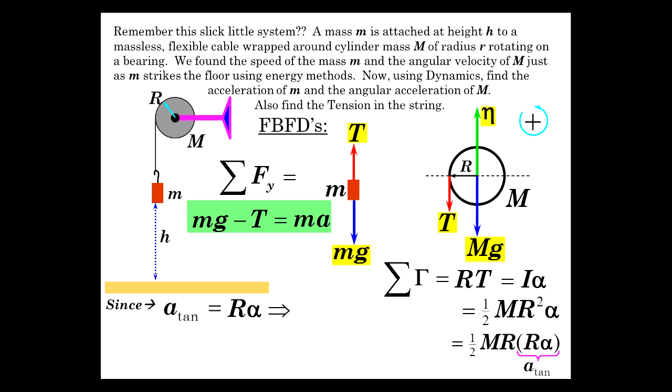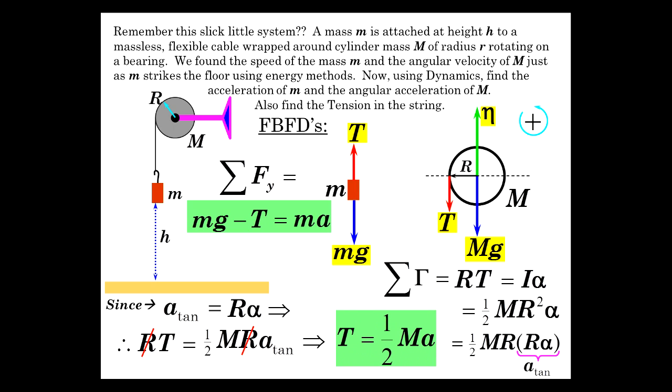So since a tangential is R alpha, we have that R times T equals 1/2 MR a tangential. The radii go away, and we have T is equal to 1/2 Ma. So there's an expression for our tension. That's kind of nice because we really don't want, well, we do want tension actually, but to get the acceleration, we don't want it in there. So let's combine these two equations and solve the problem.